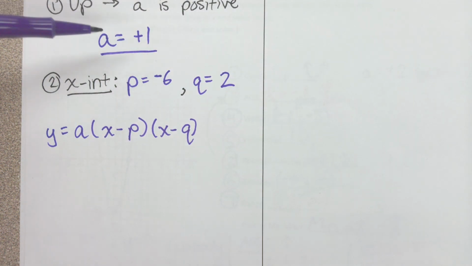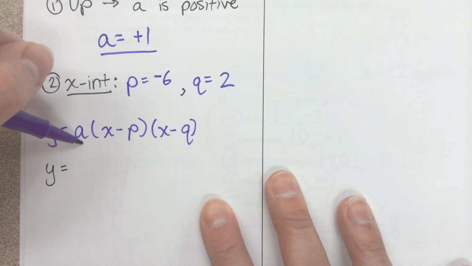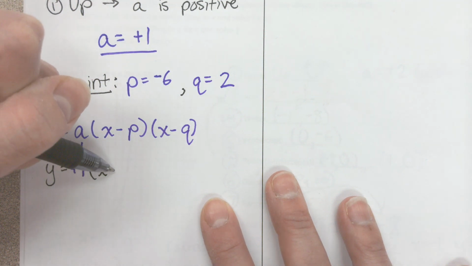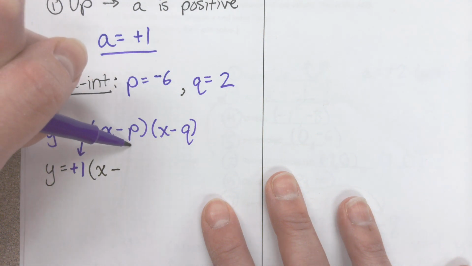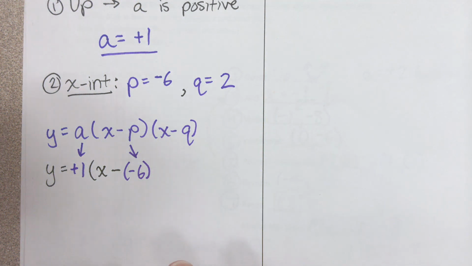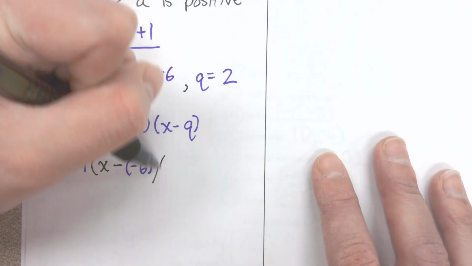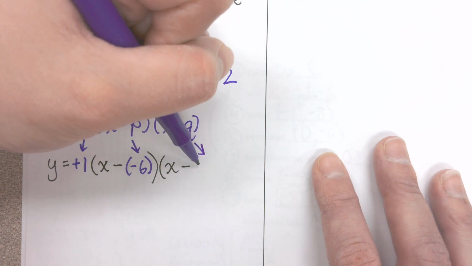And we're going to plug in A, P, and Q. Y equals A, which is positive 1, times X, that minus is there. It's part of the formula. P, which is negative 6. So we will have an extra minus there. Times X minus Q, which is 2.